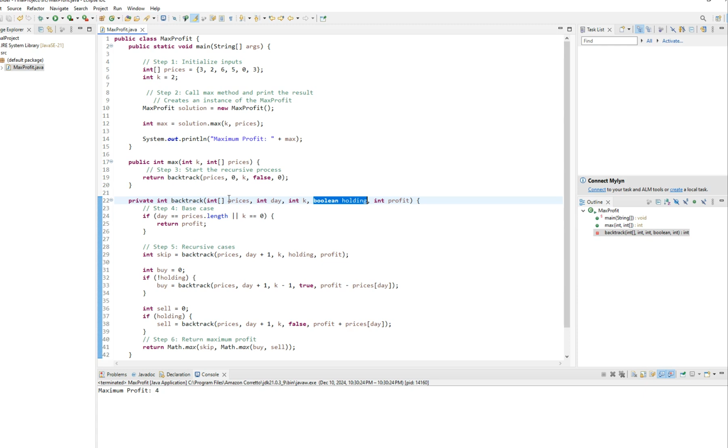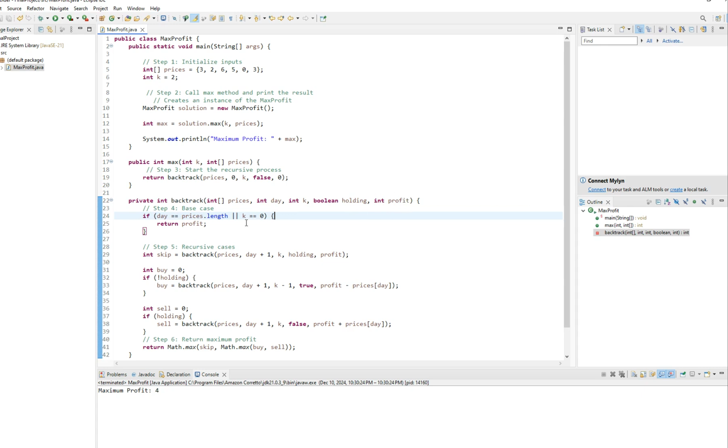It has five arguments or parameters: the prices, the day number, the number of transactions, the holding state, either we hold or not, and the accumulated profit.